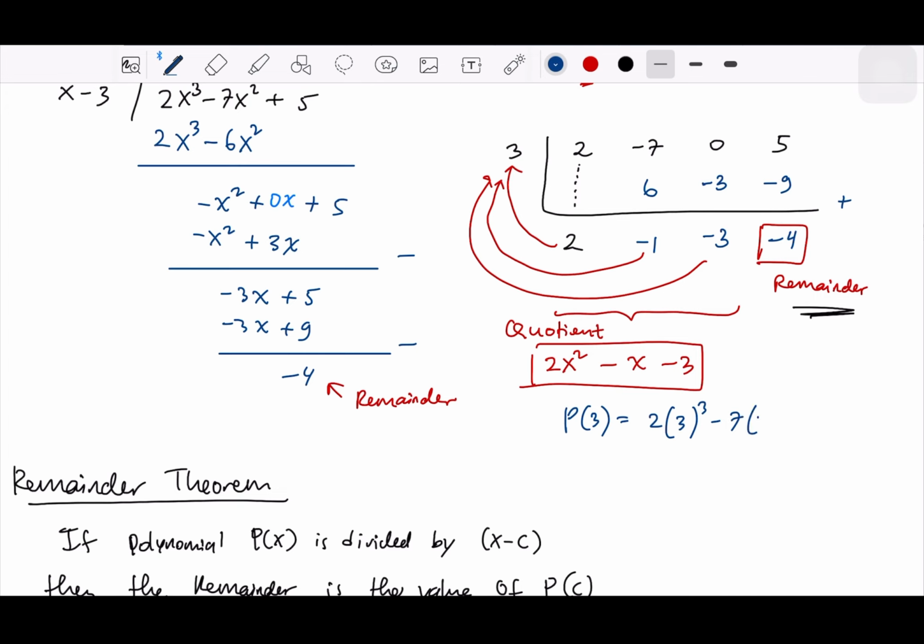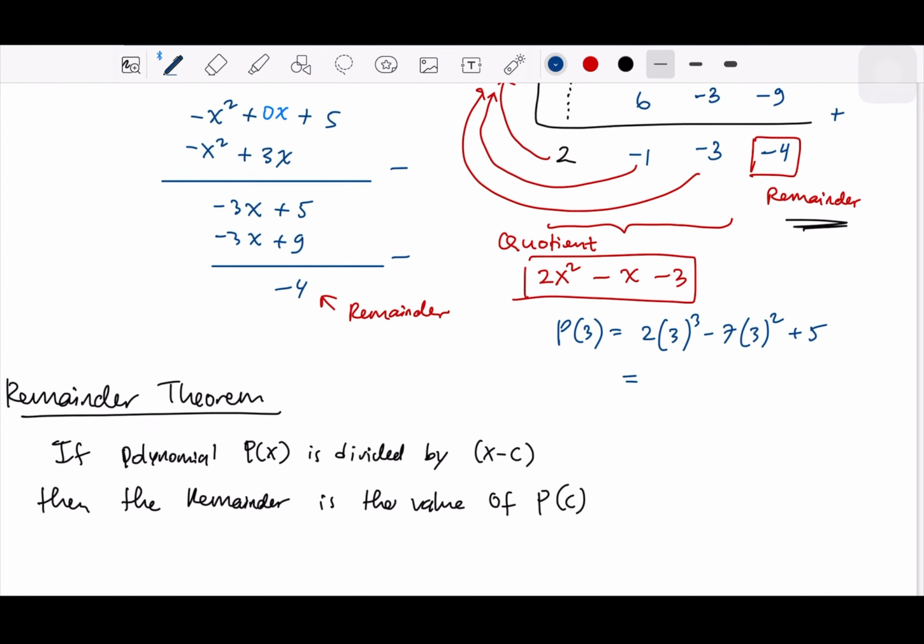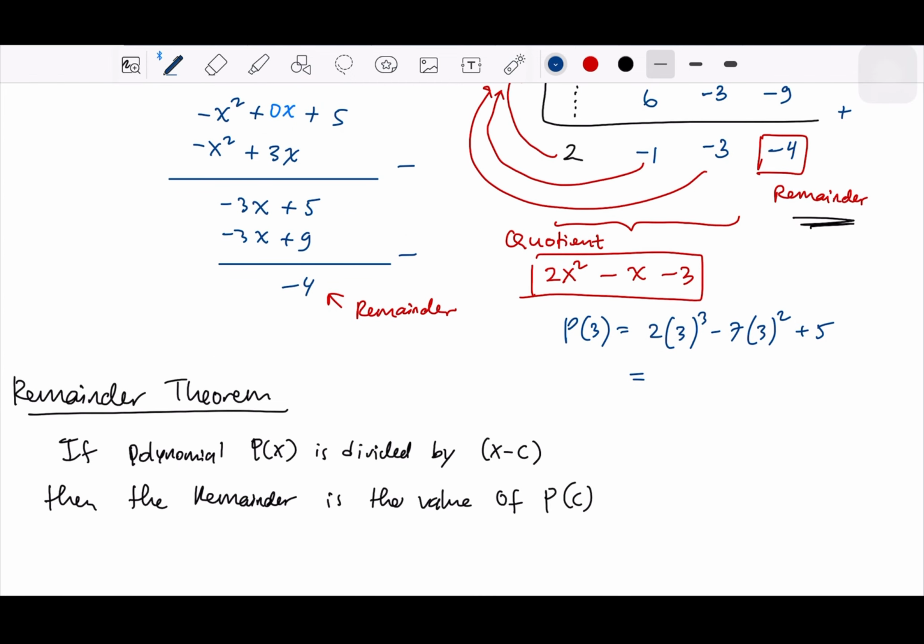Let's just take 3 inside. 3 to the power of 3 is 27. It's 54. It's 56 plus 5. Oh, sorry, I calculated wrongly. 9 times 7 is 63. So we have what?